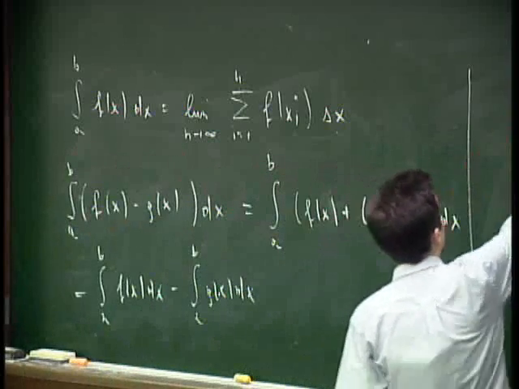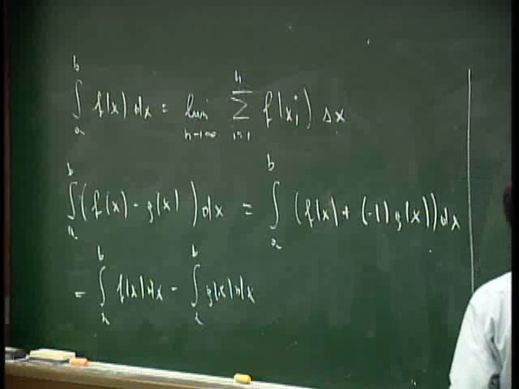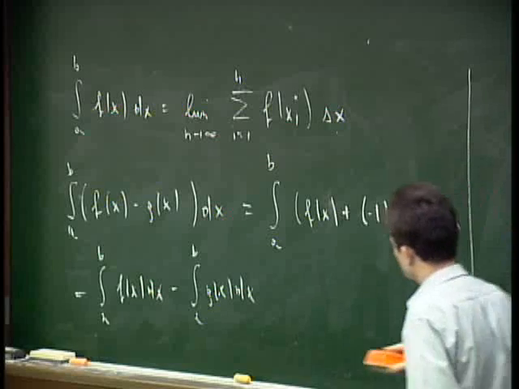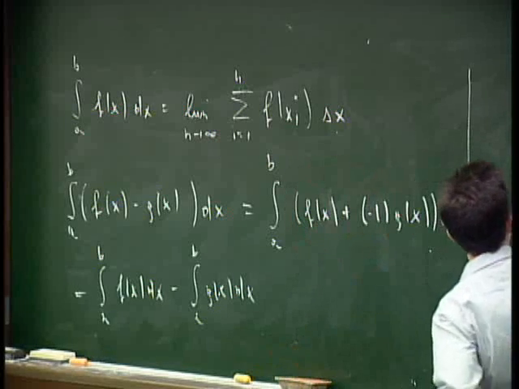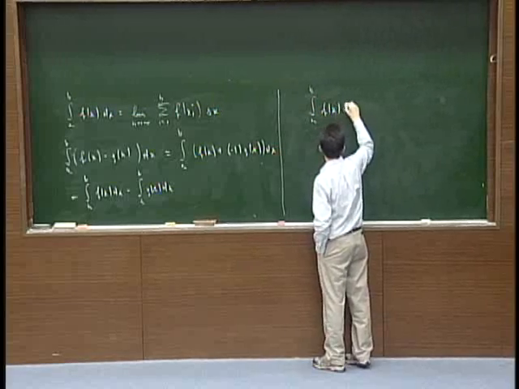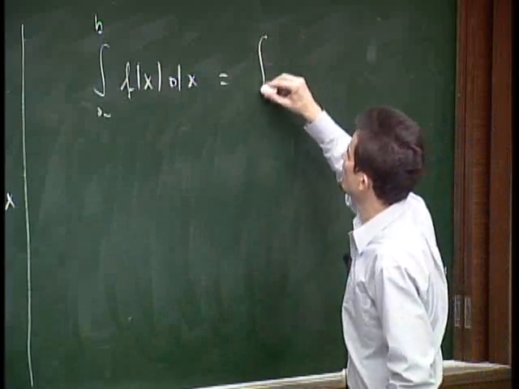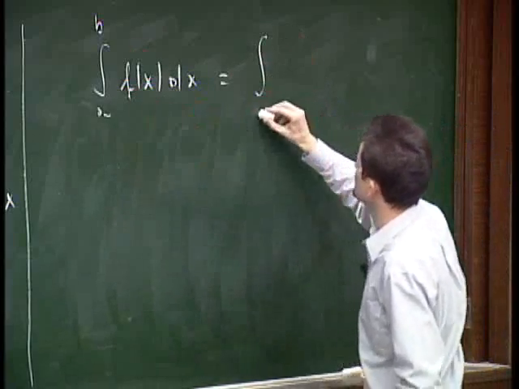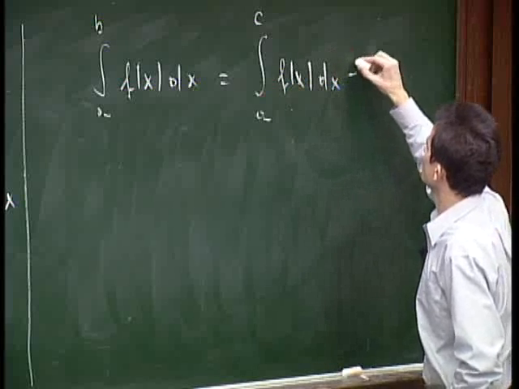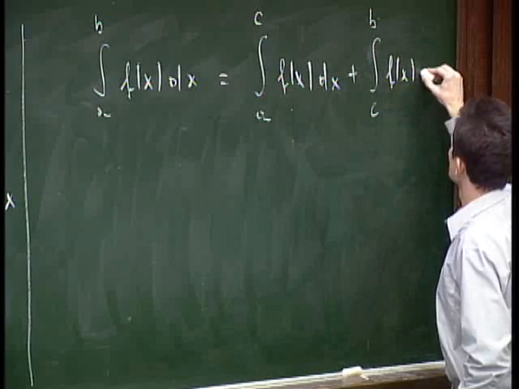Now, another one. Something which is also immediate from the area interpretation is this: if you have some point c between a and b, you can write the integral as the sum of two integrals.